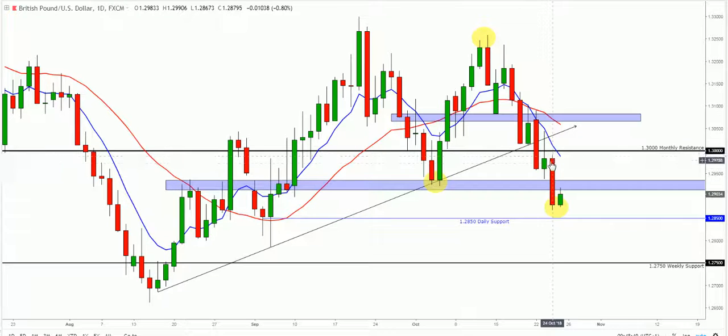Further downside, a strong bearish candle which took us below this 1.2925 daily support, which is now acting as resistance to price. You can see we formed this new lower low, lower to this.